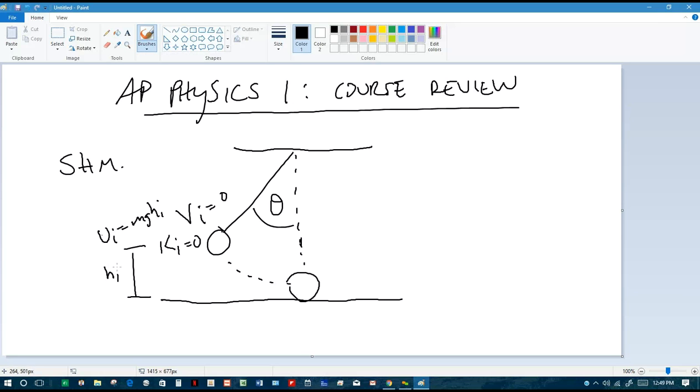Whatever H initial is, multiply that by its weight, mg. And so the point is the mechanical energy at the top, E, is really just potential energy. There's no kinetic energy. And then all of that potential energy gets converted into kinetic energy as it swings downwards.